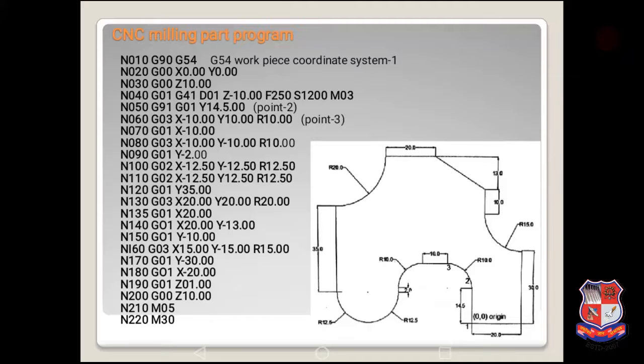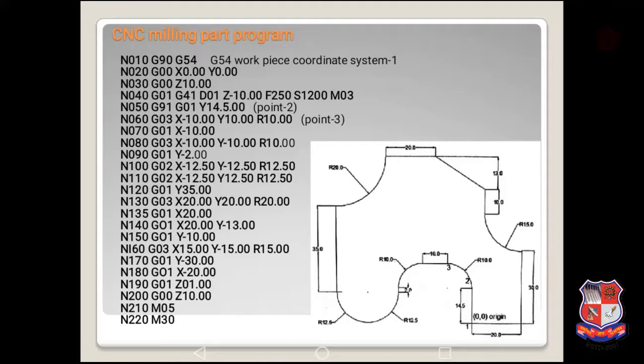Now once again we have to use the circular interpolation command for counterclockwise direction. So we use the G03 command with the coordinate value X minus 10 because the radius is given as 10 mm and the movement is in left direction from the 0 point.